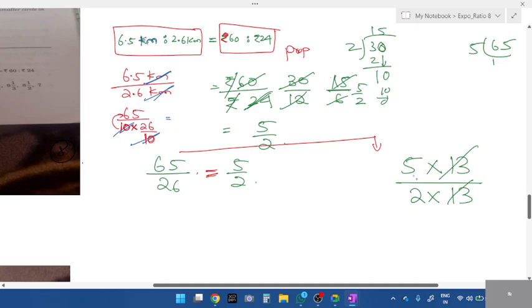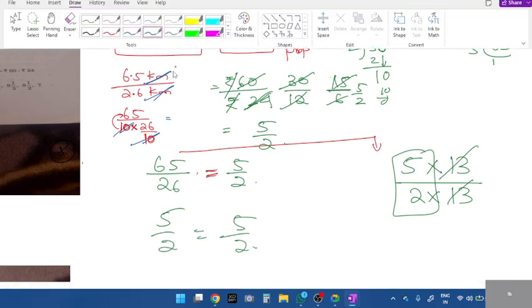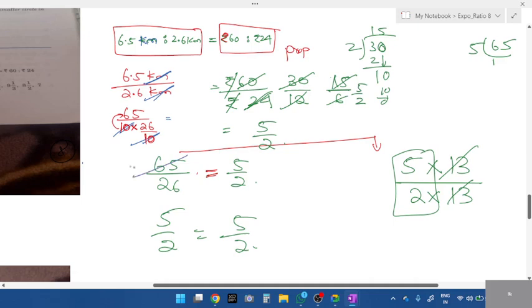Now can you see after writing this which one gets cancelled? 13 and 13 get cancelled. What is left? 5 by 2. This is what Amelda told. If you don't know the 13 times table, just factorize. You'll get 5 into 13, 2 into 13. Reduce it.